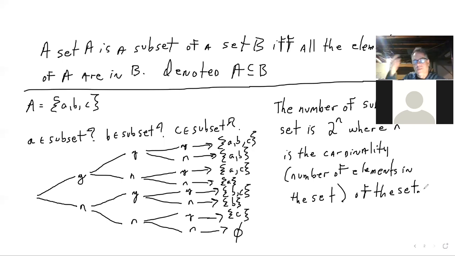So if you were given a set with 30 elements, you could just quickly say there are 2 to the power of 30 subsets to that set. It'd be a big number, but there would be 2 to the power of 30 subsets to that set. All right. Any questions on that?